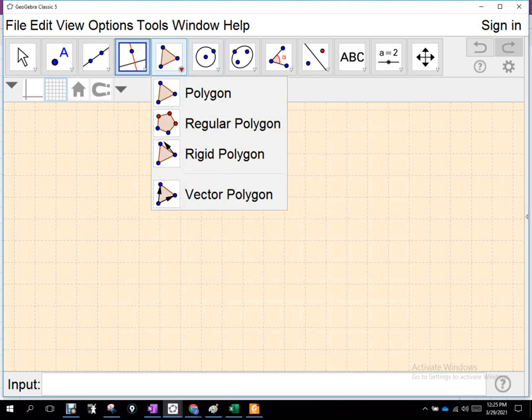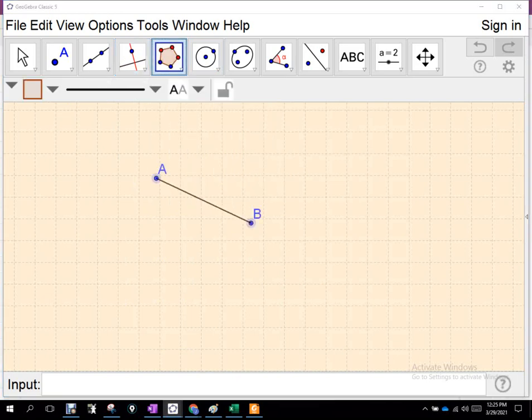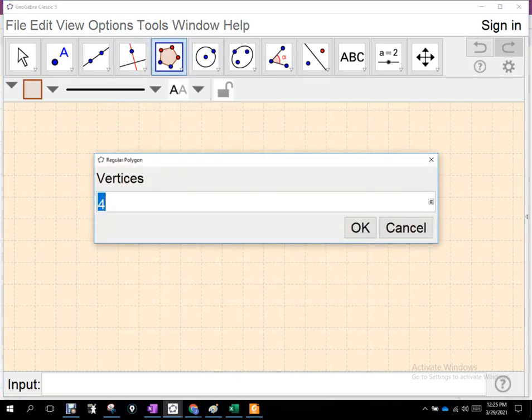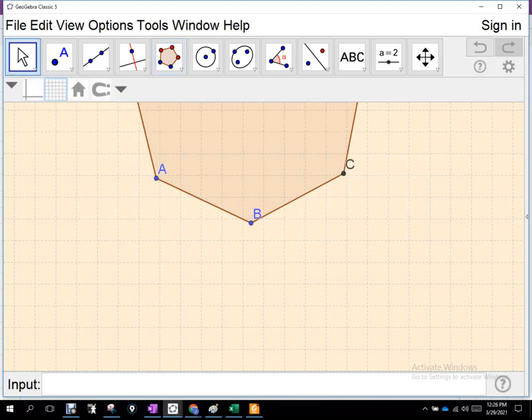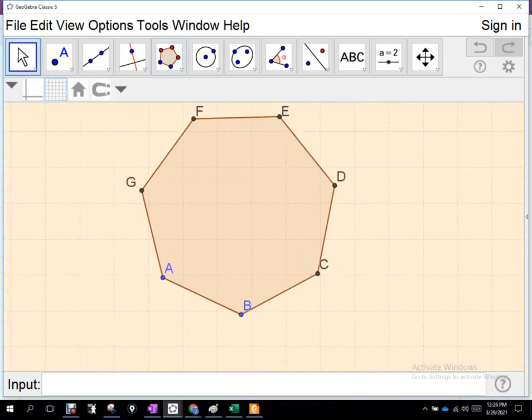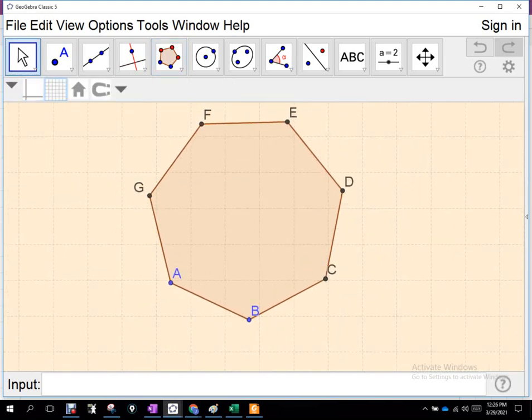So let's just draw a regular polygon first. We'll go with 7 sides, okay? A 7-sided polygon. If I find the center of it, GeoGebra will find that center for me.